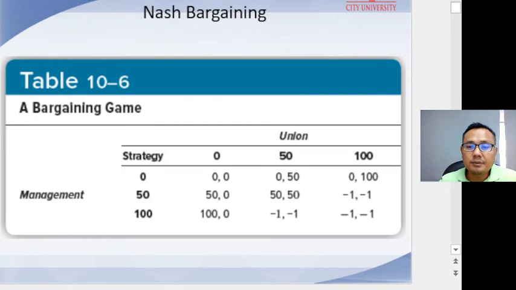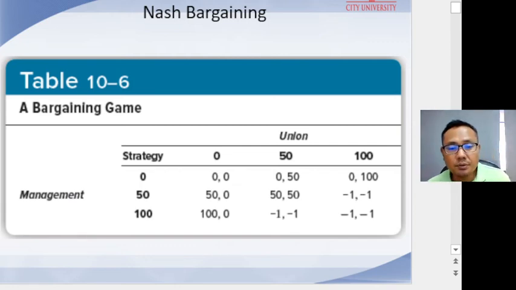Notice that if management asks for 100 and the union asks for 0, neither party would have an incentive to change its amount. So we would be in a Nash equilibrium.